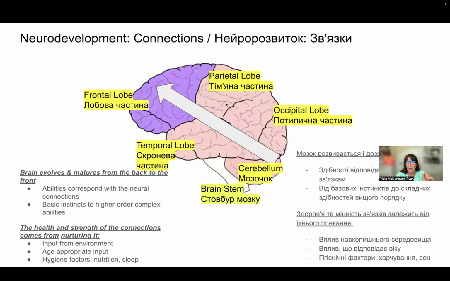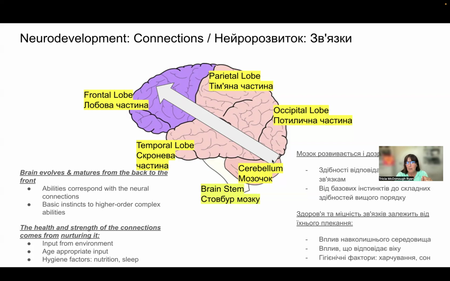You'll recall from our last session that we reviewed the different lobes of the brain, including the frontal lobe, parietal lobe, temporal, and occipital lobes, as well as the cerebellum and the brainstem. And we discussed how there are neural connections that happen throughout the brain to help connect these different parts of the brain.